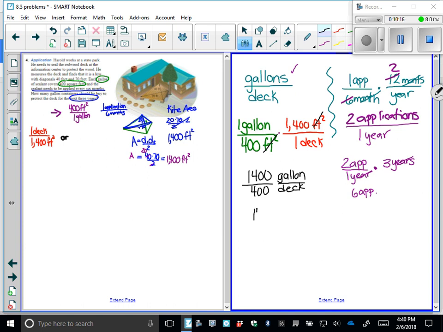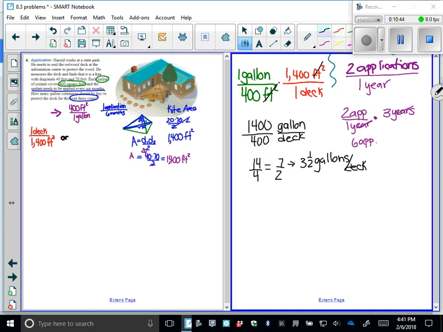That's the same as 14 over 4, which is equal to 7 over 2, or 3.5 gallons per deck. So if you have to buy whole gallons, you would have to round up to 4.